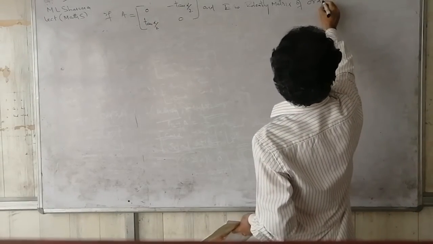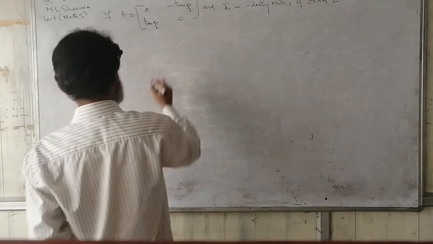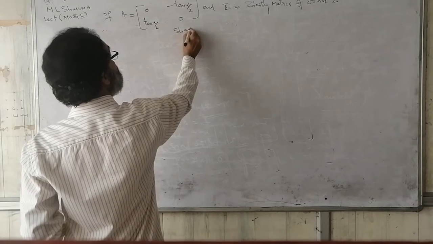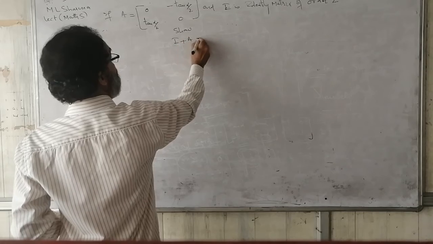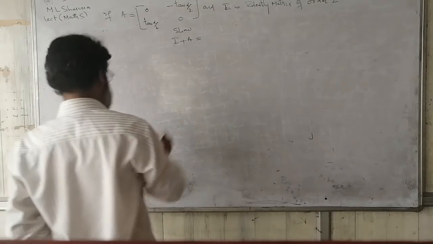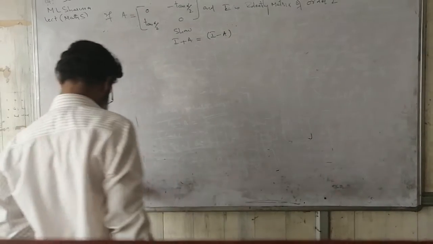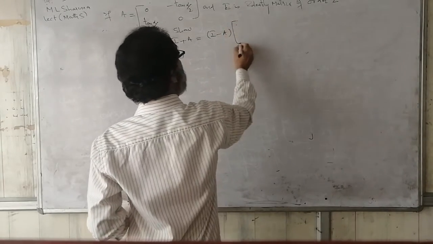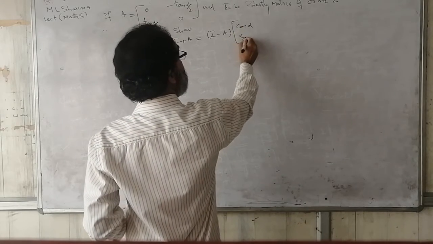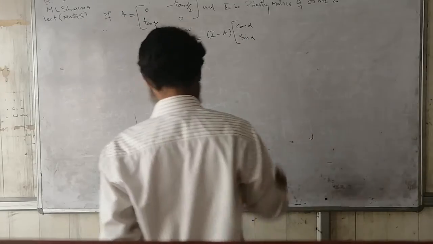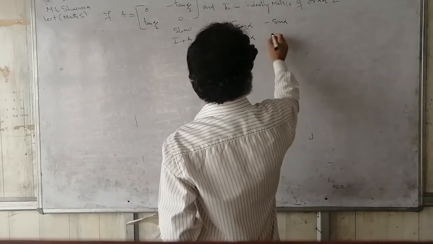Its order is 2. Then you have to show I plus A is equal to I minus A into cos alpha, sin alpha, minus sin alpha, then cos alpha.